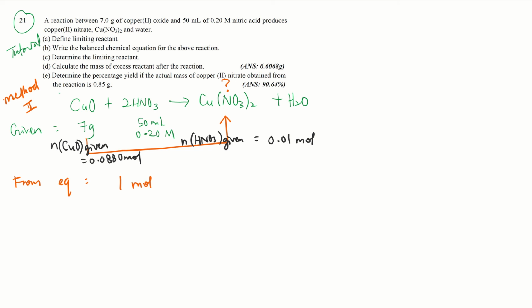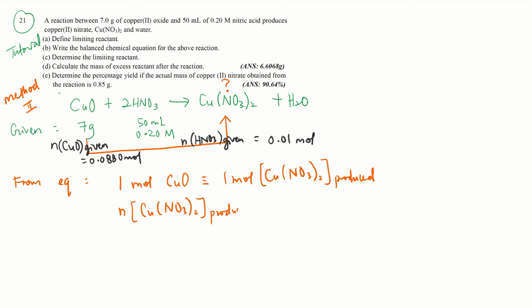So 1 mole of copper 2 oxide will produce 1 mole of copper 2 nitrate. Since this one is easier, we can directly determine the number of moles of product produced is 0.0880 mole.